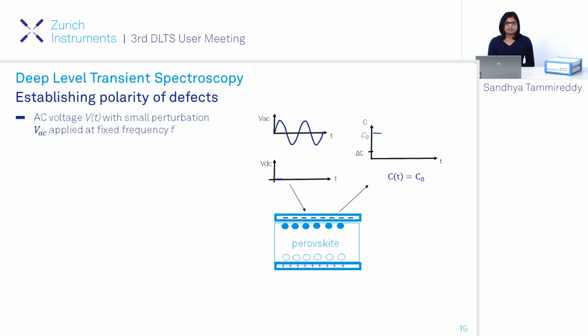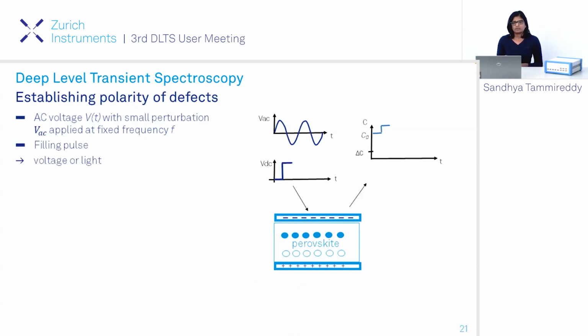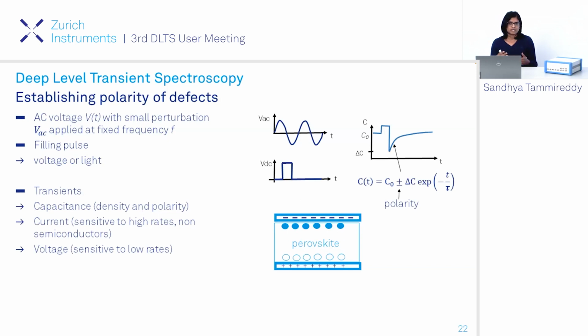And when you apply a pulse, you will move these charge carriers into the bulk of the perovskite. And when you stop the pulse, they will relax back to the interfaces, leading to a certain transient with a certain time constant. And these time constants are what we are interested in.